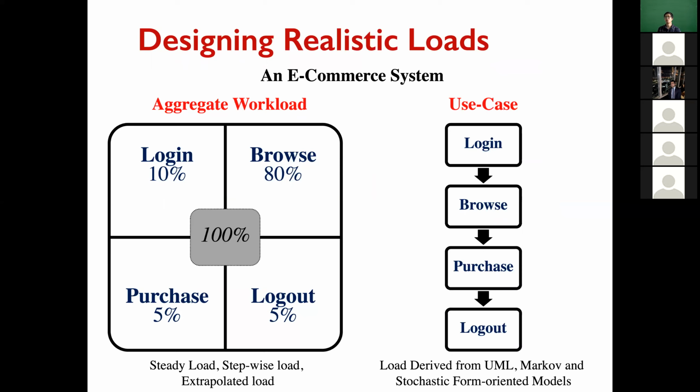For this, we statistically count the distribution of users using different functionality or features of the system. For example, people perform a login action 10% of the time, a browsing action 80% of the time, and purchase or log out 5% of the time, respectively. So this is the aggregate workload.